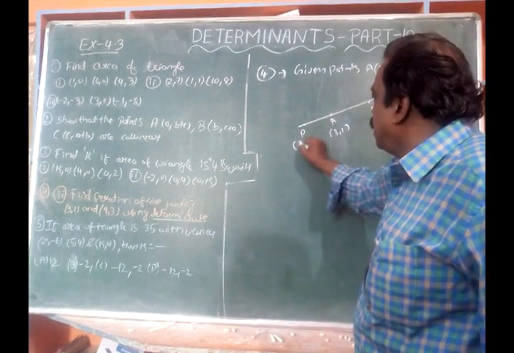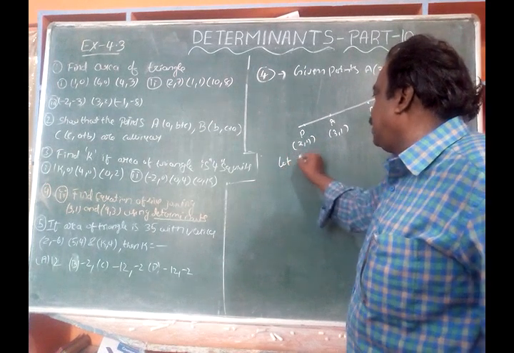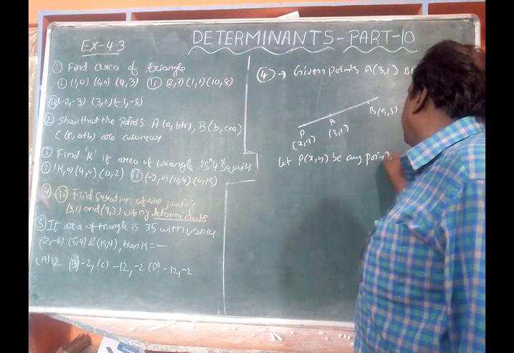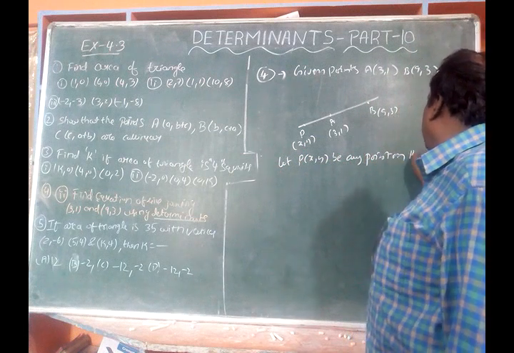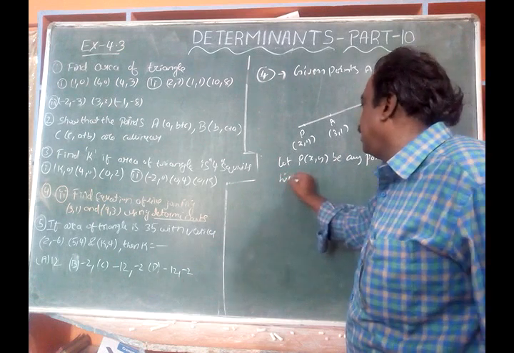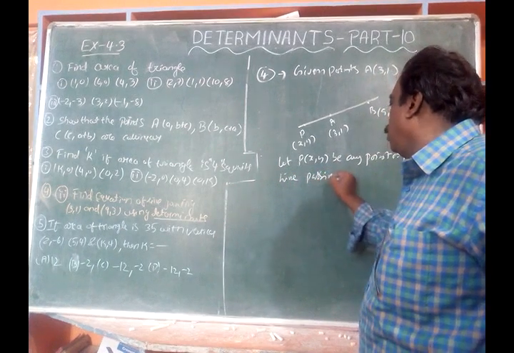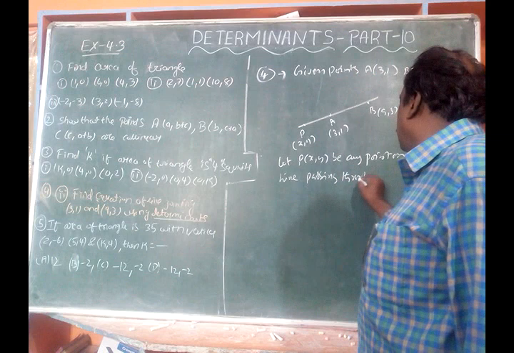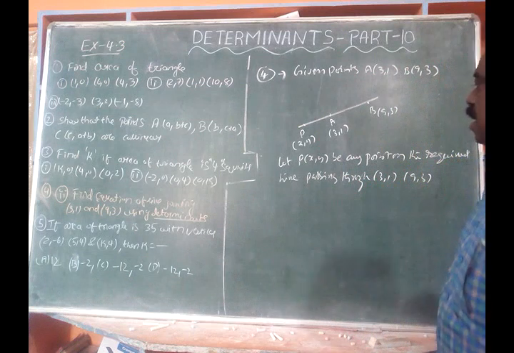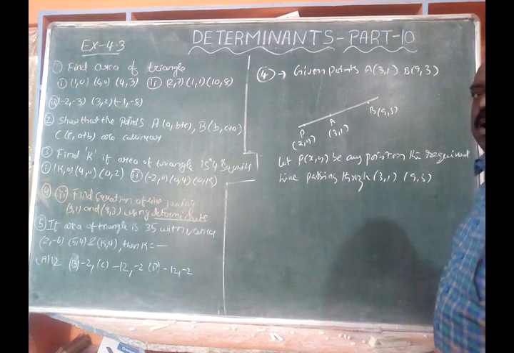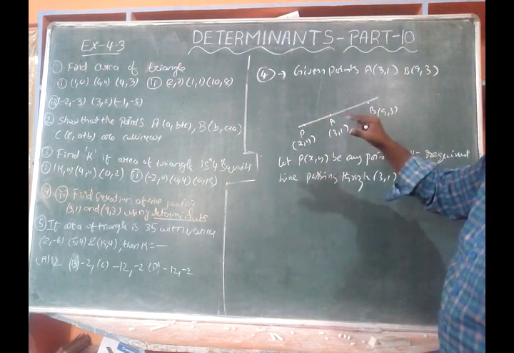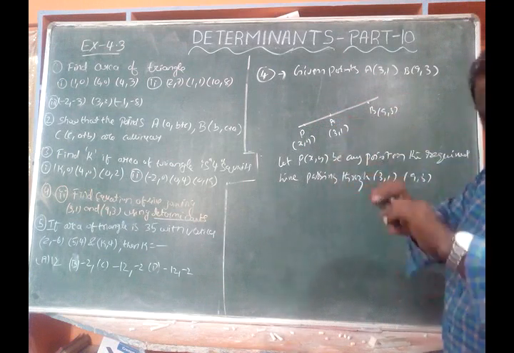Let P(x, y) be any point on the required line passing through (3, 1) and (9, 3). P being any point means the locus of that point P is everywhere, that means it forms the straight line.